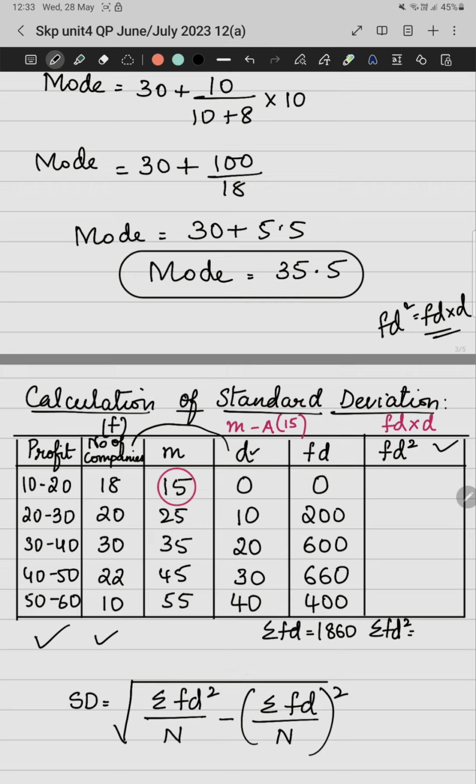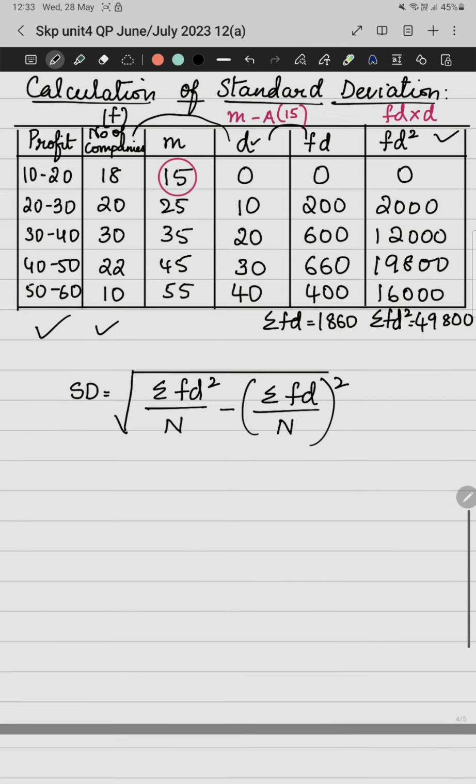Now FD square is FD into D. So this into this. 0 into 0, 0. 200 into 10 is 2000. 600 into 20 is 12,000. 660 into 30 is 19800. 400 into 40 is 16000. So again do summation for all this. You get 49,800.